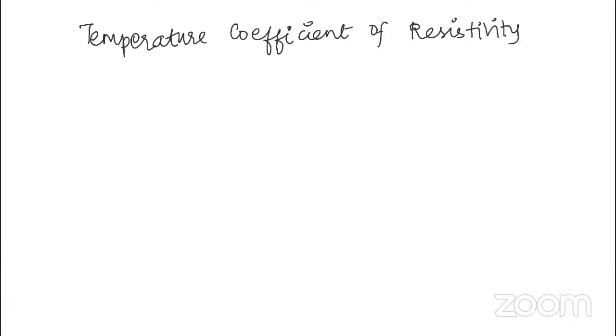For the temperature coefficient of resistivity, we denote it with one letter, alpha. We have 3 important formulas. Let us see what the 3 important formulas are. First, the resistivity formula.